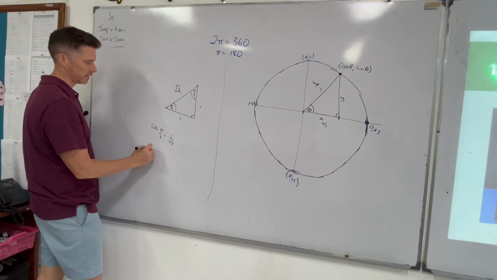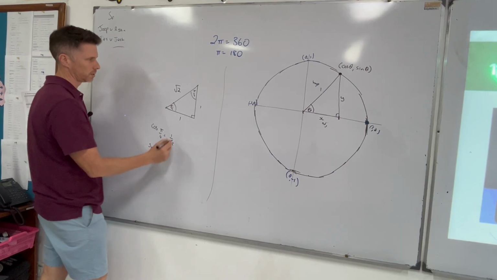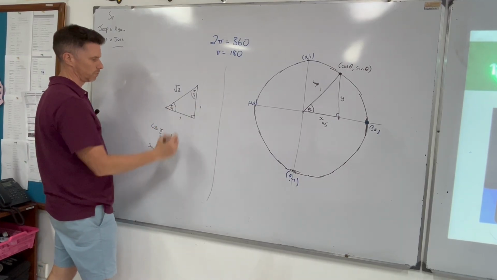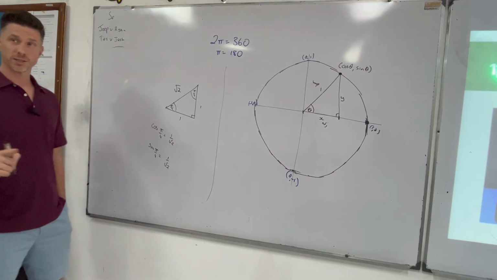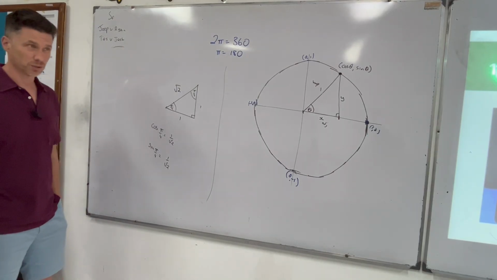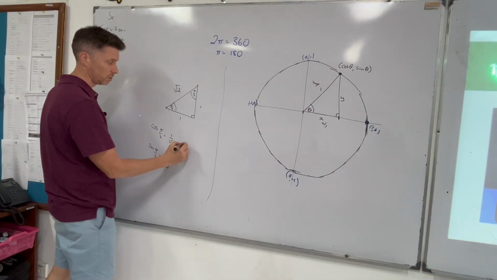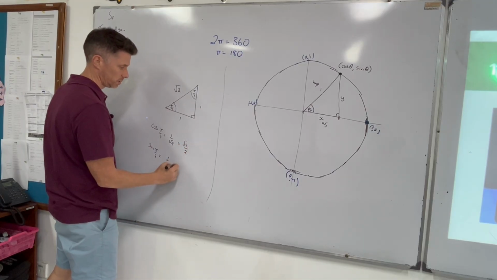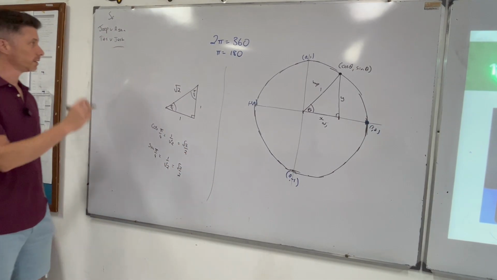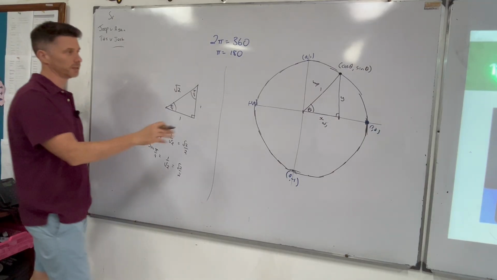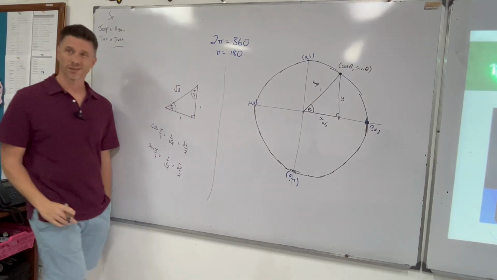And what is the sine of pi over 4 from this? Also 1 over root 2. If you don't like surds in your denominators, you can change that to root 2 over 2. Root 2 over 2, yes. Okay, so this is where I'm just going to get my table of known angles, so I can come back to this unit circle.